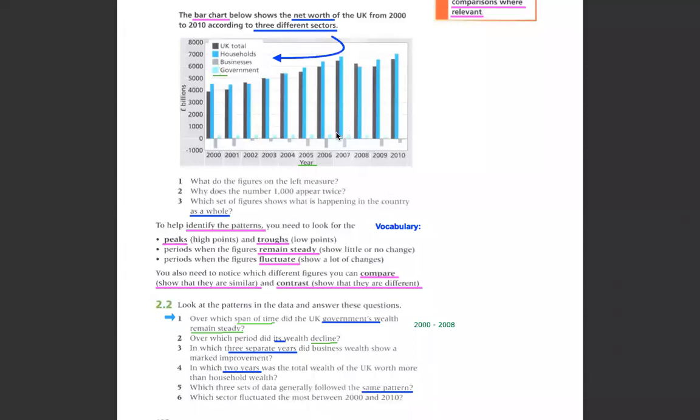So we said it remained steady until 2008. Over which period did it decline? Right, from 2009 it began to decline, and then in 2010 it declined even more.